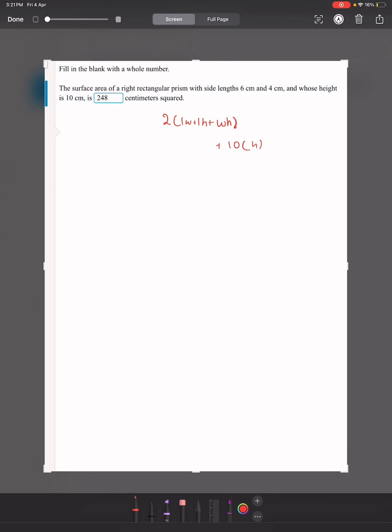Plus length, which is going to be the bigger one, which is 6, times the height, which is 10. And then the width, which is 4, multiplied by the length, which is 6. And that's it, multiplied all by 2. So 2 bracket 6 times 4 plus 6 times 10 plus 10 times 4. You get 248.